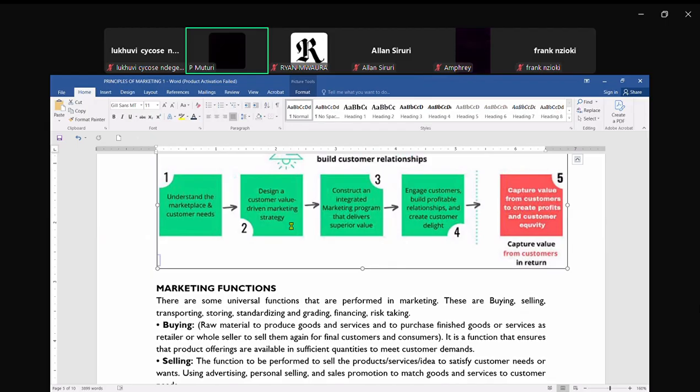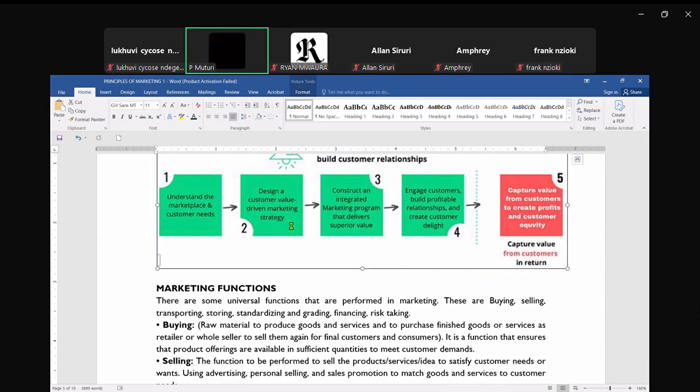We'll be looking at marketing strategy later on. There we have a number of areas like the marketing mix. The marketing mix is a whole topic with subtopics that we're going to look at. Those are the key elements or components of marketing, including price, product, promotion, and place, which we call distribution.